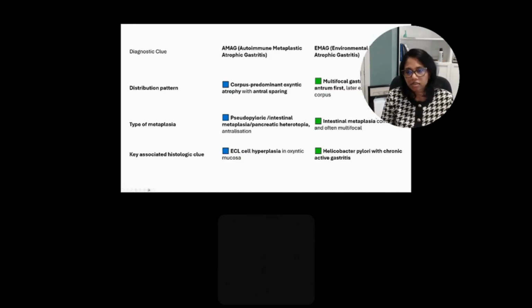You don't necessarily have to see metaplasia in the environmental causes, but you usually see intestinal metaplasia. The key histological clue is ECL cell hyperplasia, and also always exclude Helicobacter pylori within the chronic active gastritis, or even a chronic gastritis, when you see there's too much inflammation to explain the morphology.